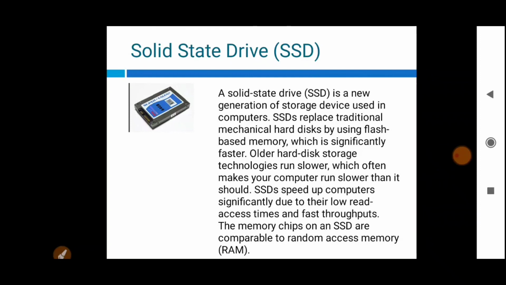So it has fast throughputs, and the memory chips on SSD are comparable to the RAM. So we saw that the speed of RAM was faster than ROM. So the speed of the memory chips on the SSD can be compared to the RAM.